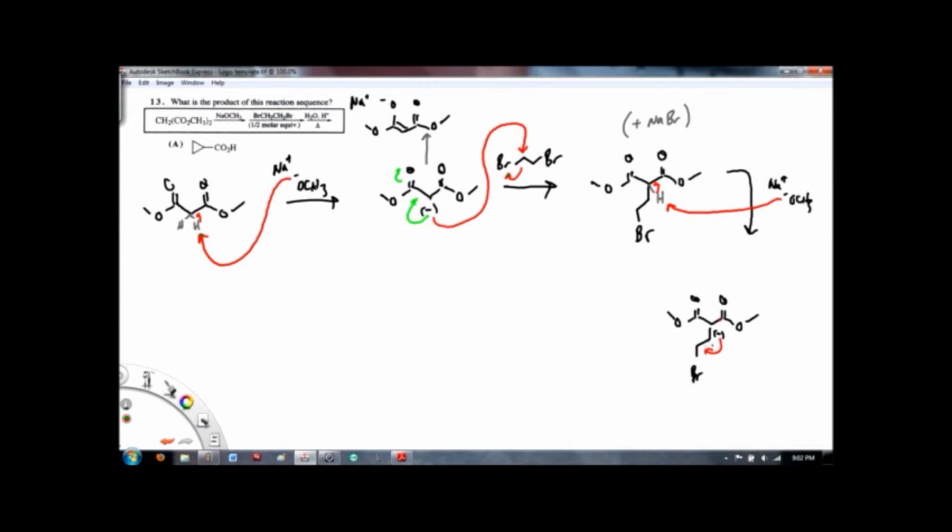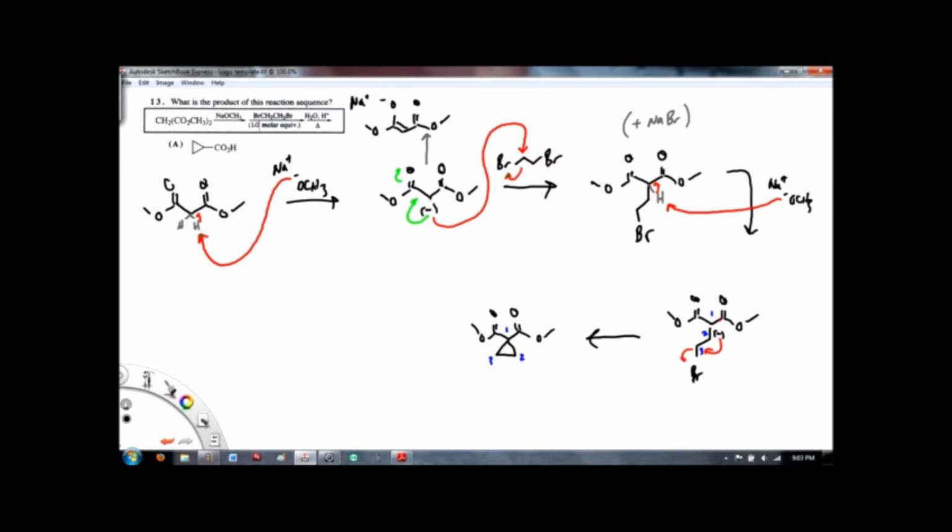This is obviously an SN2, so we're going to attack that carbon, kick out our bromine, and the structure we will get looks like this. So if we just kind of track carbons here, we can imagine we've got 1, 2, 3. We've got our 1, 2, 3.